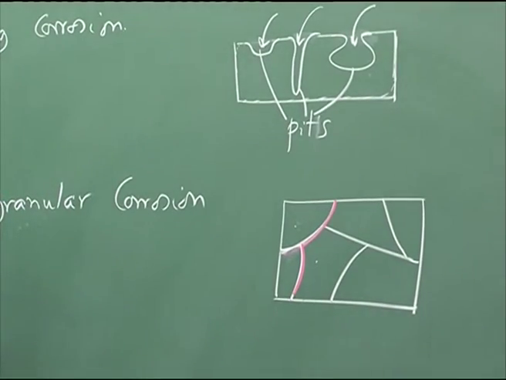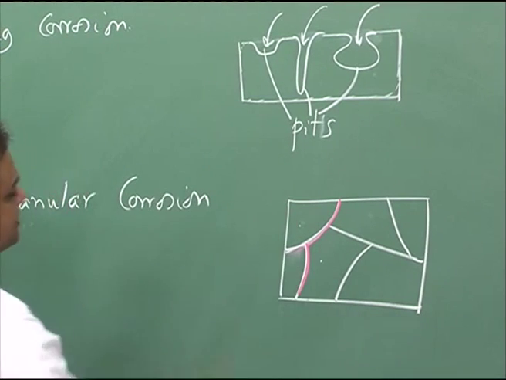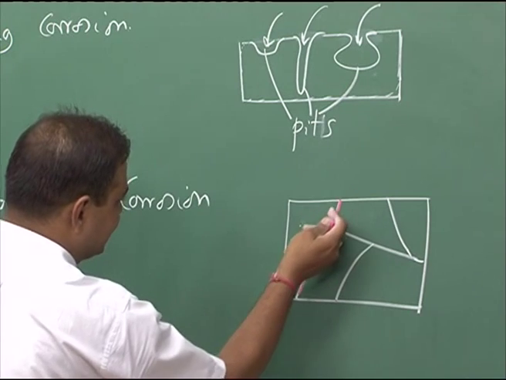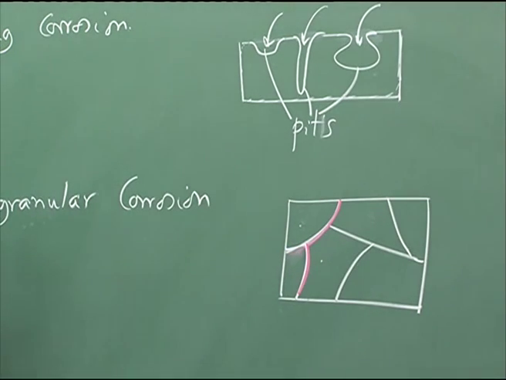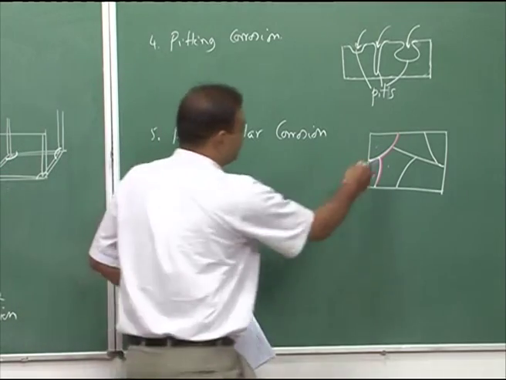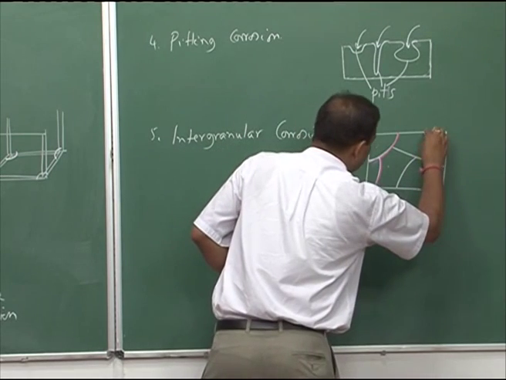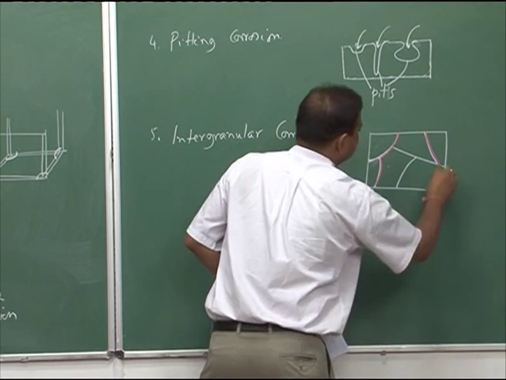So, if we have intergranular attack, the solution or the corrosive will attack only the grain boundary part; the grain body will not get affected much. Here is one intergranular attack, and this part also can get attacked.